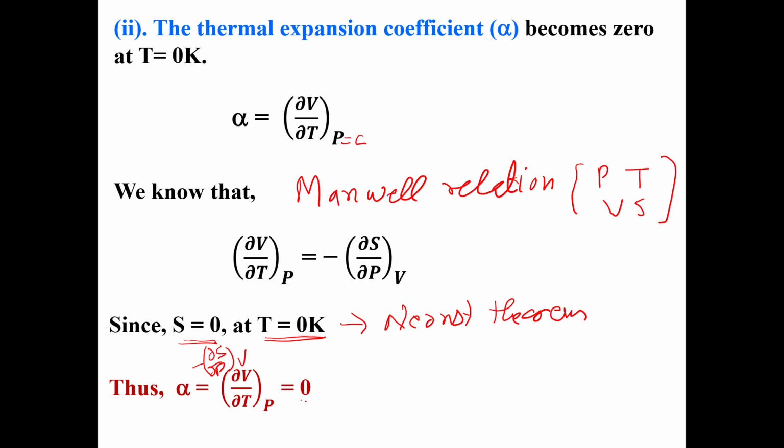This alpha becomes also 0 because your entropy becomes 0, so this value also becomes 0. And what is this? This is alpha. Hence, at temperature 0 Kelvin, alpha, which is the thermal expansion coefficient, is also 0.